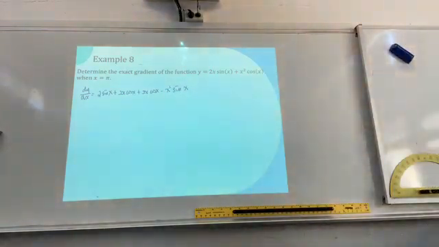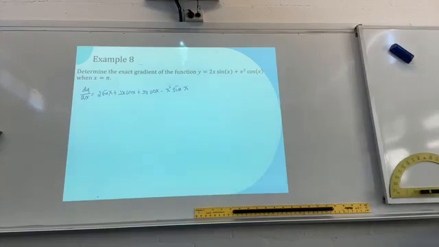From there, you need to substitute x equals pi into dy/dx. Or you can simplify it or collect like terms first. It's up to you. Sometimes I like to do that, sometimes probably not. In this situation, I think it could be slightly easier when you collect like terms.